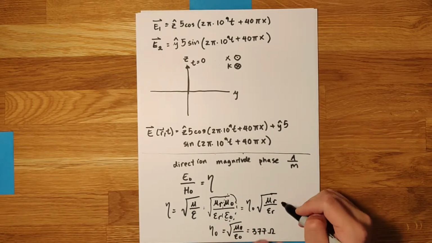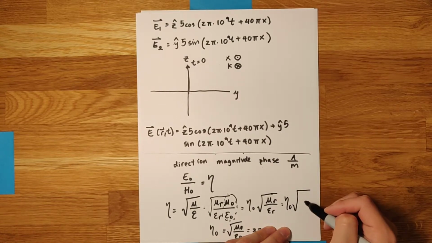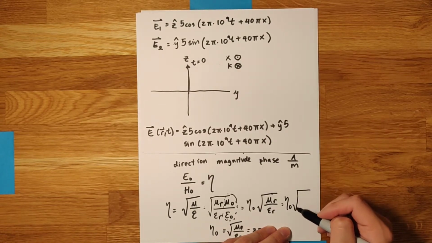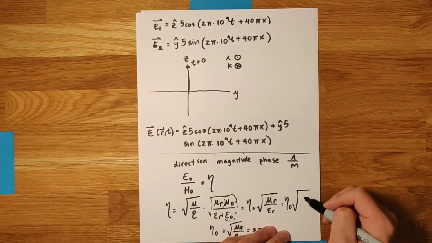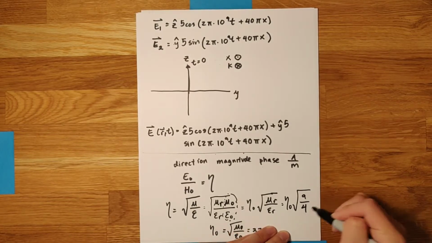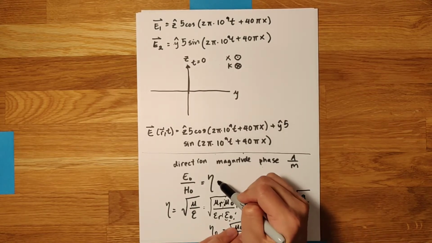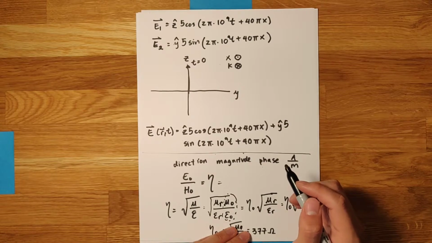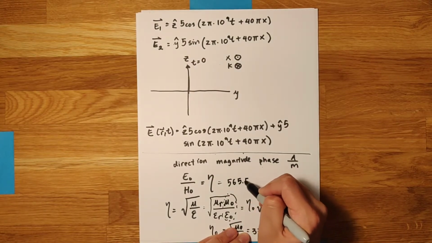The problem states that mu r is 9, sorry about that, divided by 4. So that means our eta is just going to be 565.5 ohms.